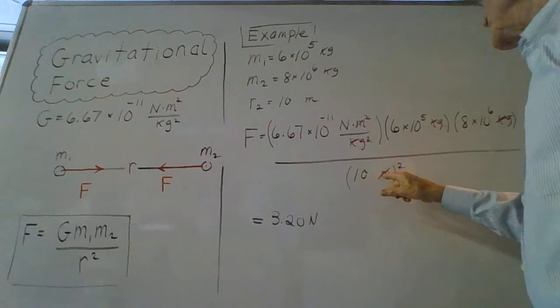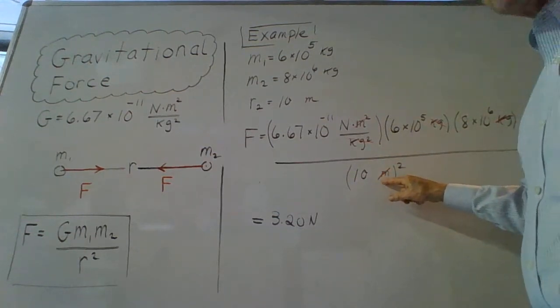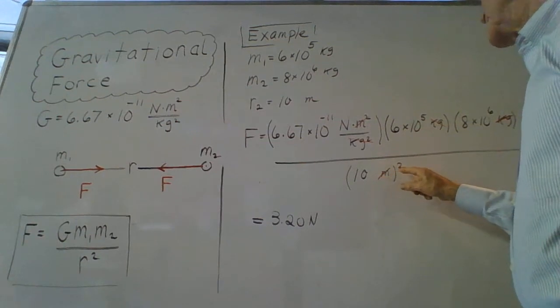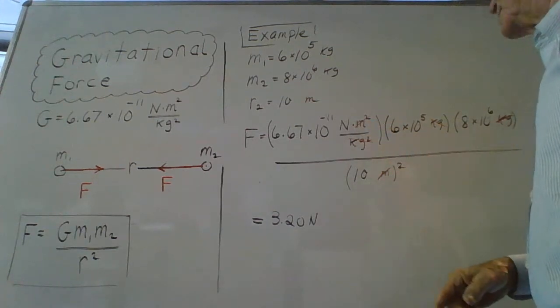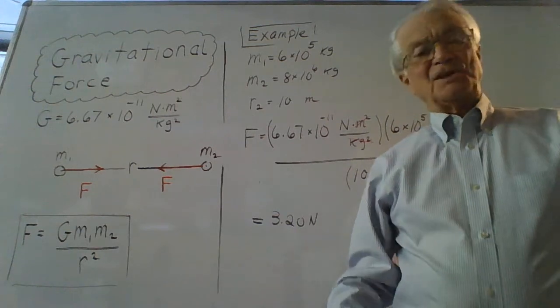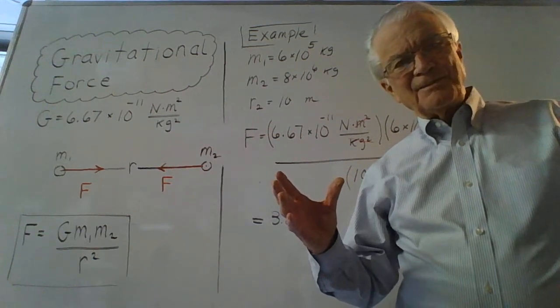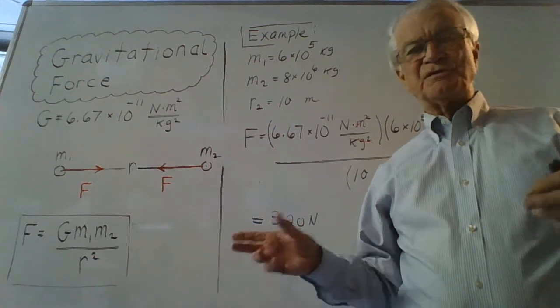And then you have in the parentheses here a meter unit, m. That doesn't stand for mass. That's meter. And it gets squared. It cancels the meter squared that's there. Final result is 3.20 newtons. Huge masses exert 3.2 newtons of force on each other.